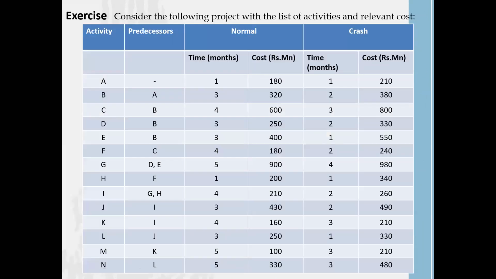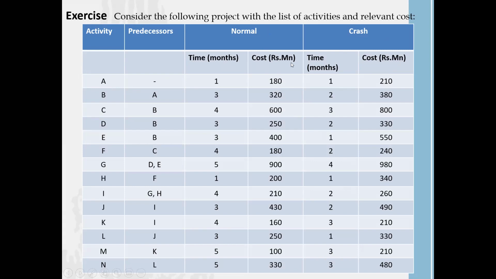For the homework, this is your exercise. Consider the following project with the list of activities and relevant costs. You are given the activities, predecessors, the normal time and normal cost, and then the crash time and crash cost per activity.